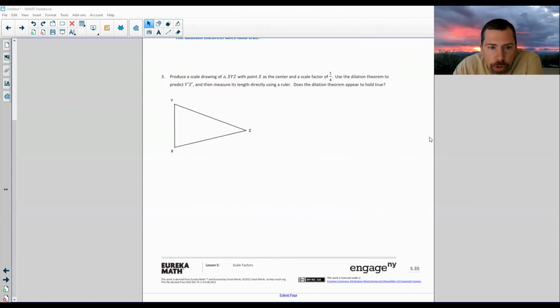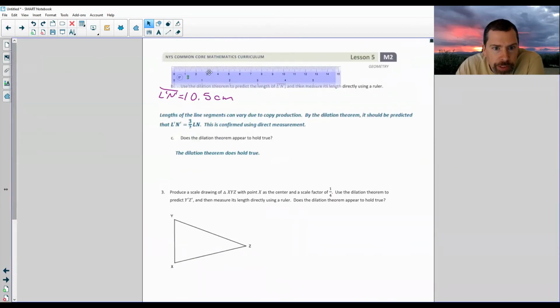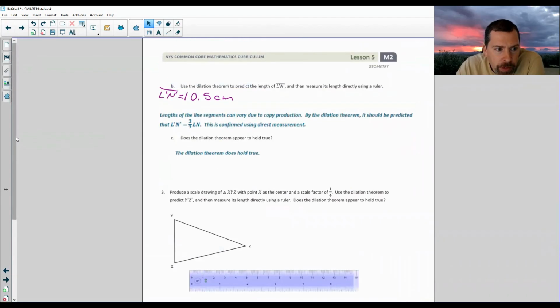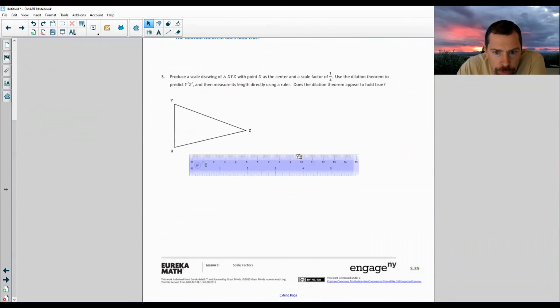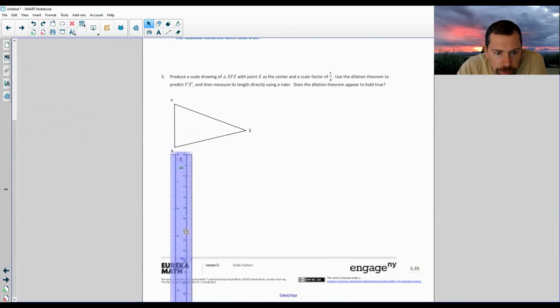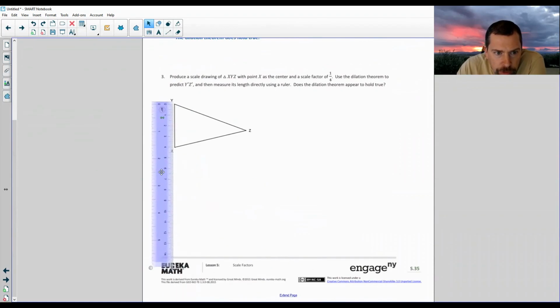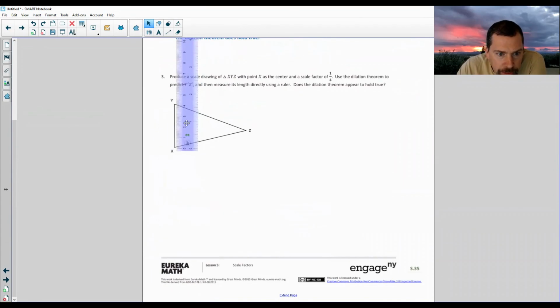Okay, so I'm going to get my ruler again. Go to the top of the page and get it. And I'm going to rotate it and measure the length. Actually, since X is my center, I'll put 0 at X, like so.